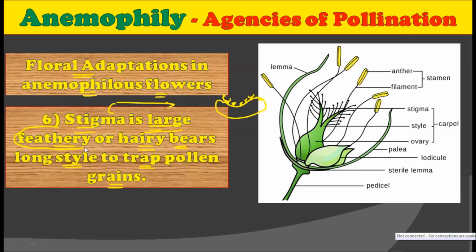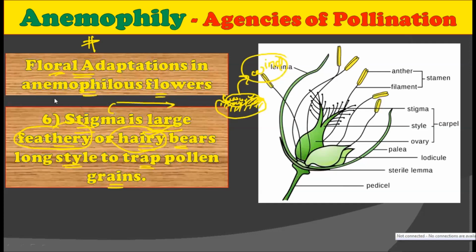And it is feathery or hairy in structure. This again adds advantage because the hairy stigma can hold the pollen grains which have landed on the stigma for a longer time, because hair can trap all these pollen grains and they will not be flown away again by the wind. So having a hairy stigma is again advantageous for the anemophilous plants.